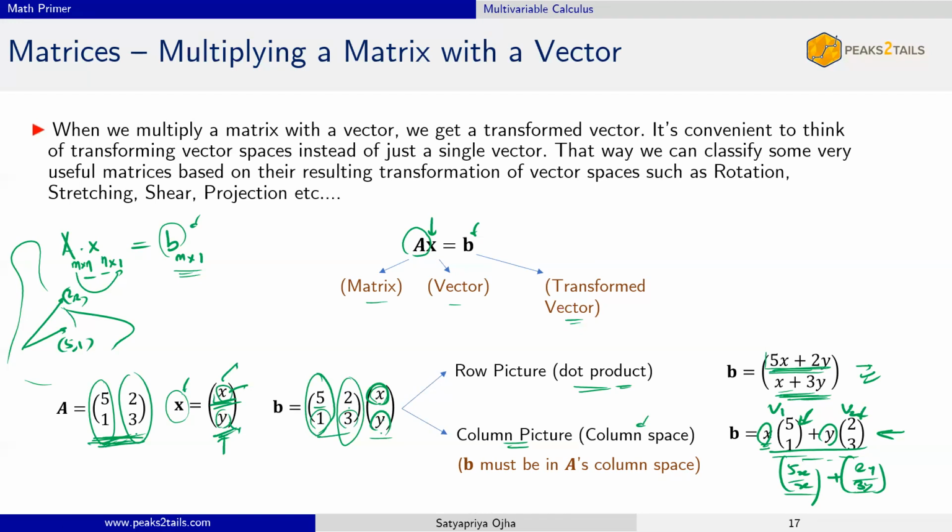If the column space of A is a line, that means you have a repeating vector. So let's say 1, 2, and 2, 4. Remember the column space, because these vectors are repeating, there's only one vector which is independent.